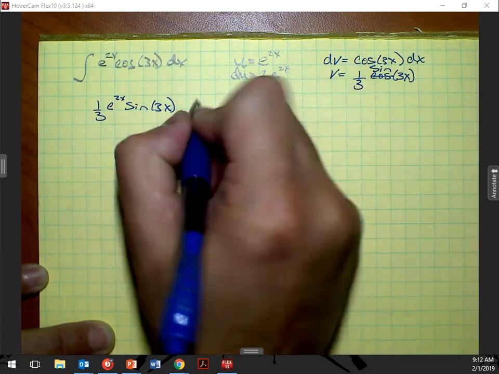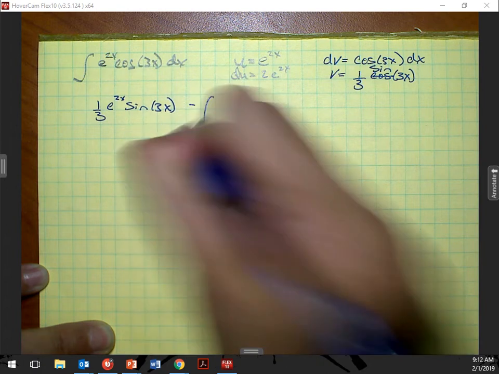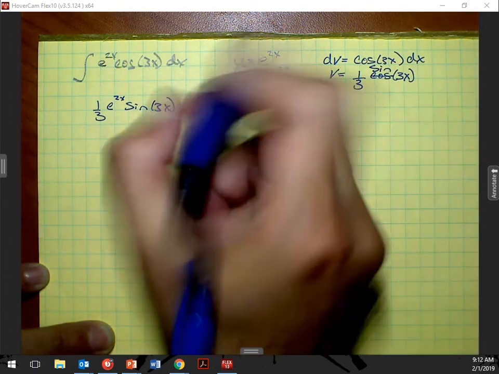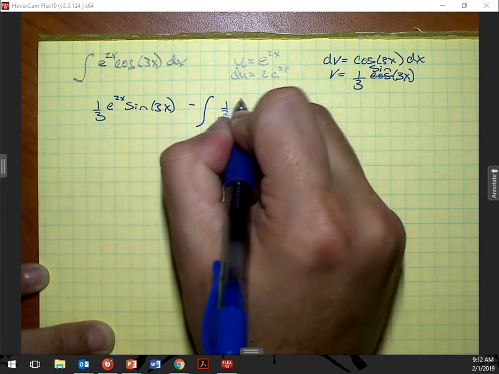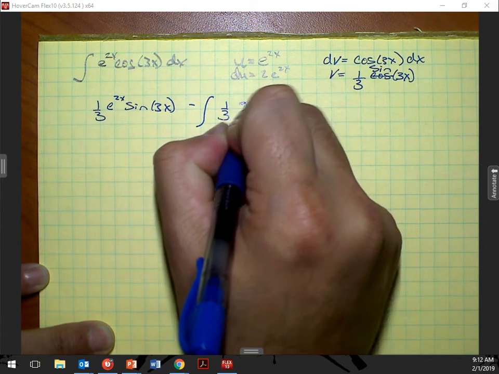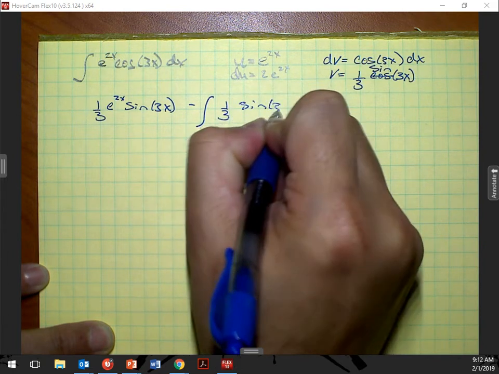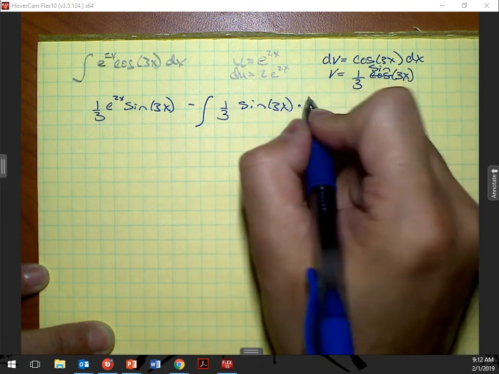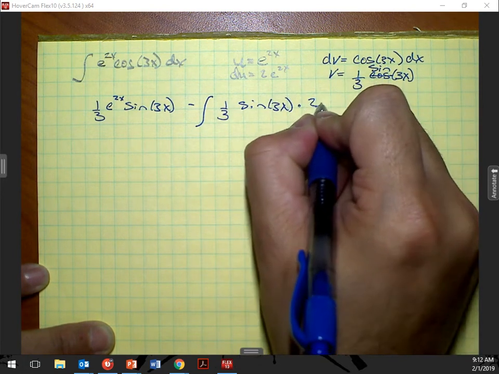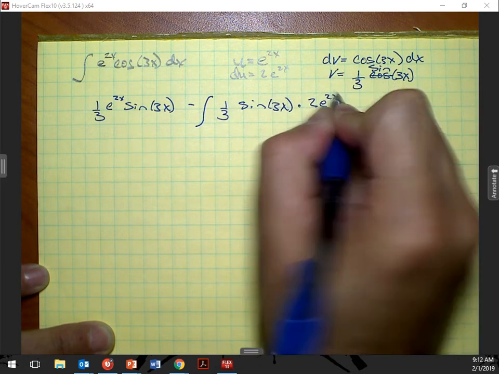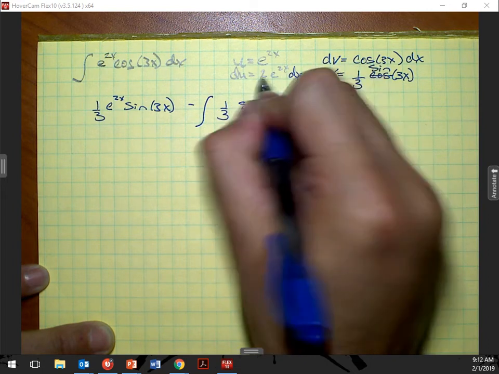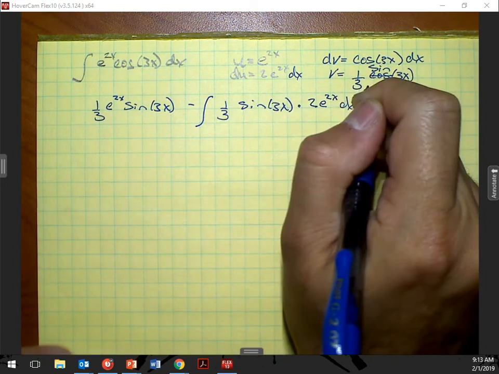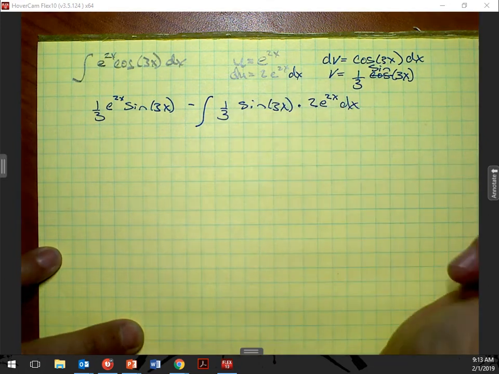There's my uv, minus the integration of my v, which is 1/3 sine of 3x, and now my dx part, which is 2e to the 2x. Yeah, there was a dx here, I forgot that one, and dx right there.